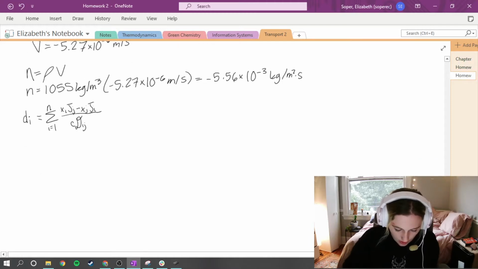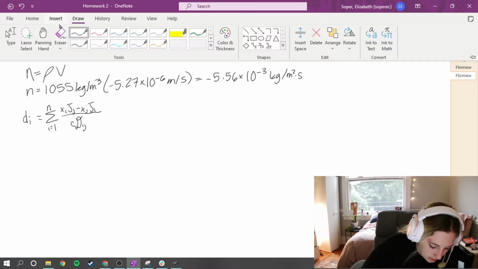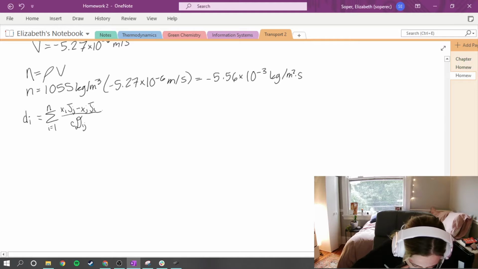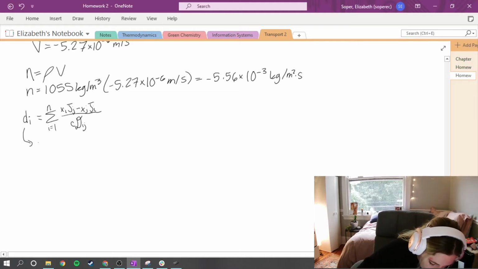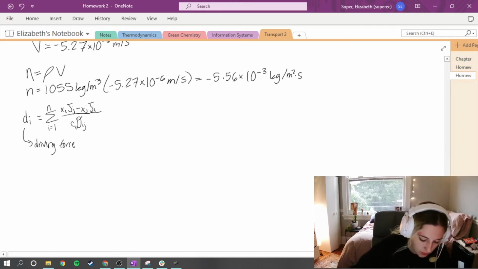All right, let me get my pen. So the driving force, that's what the little d represents, is equal to the sum of the components.